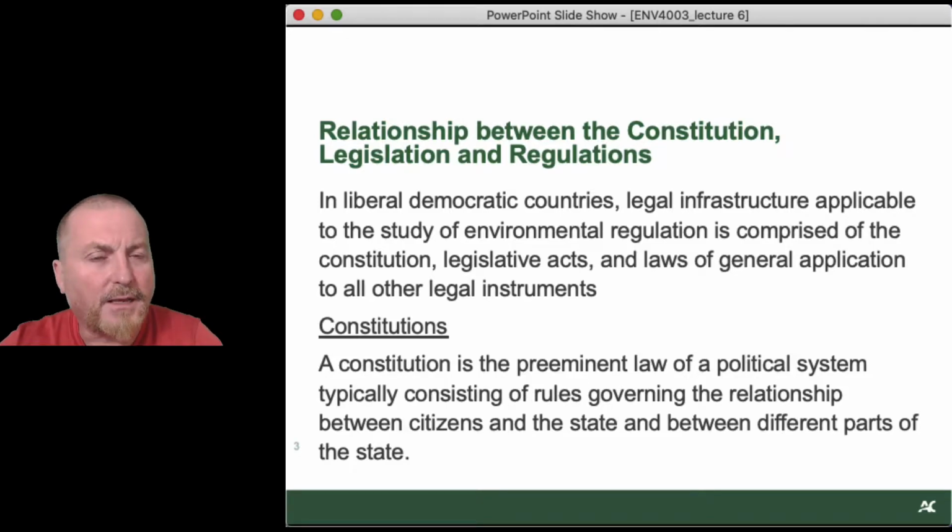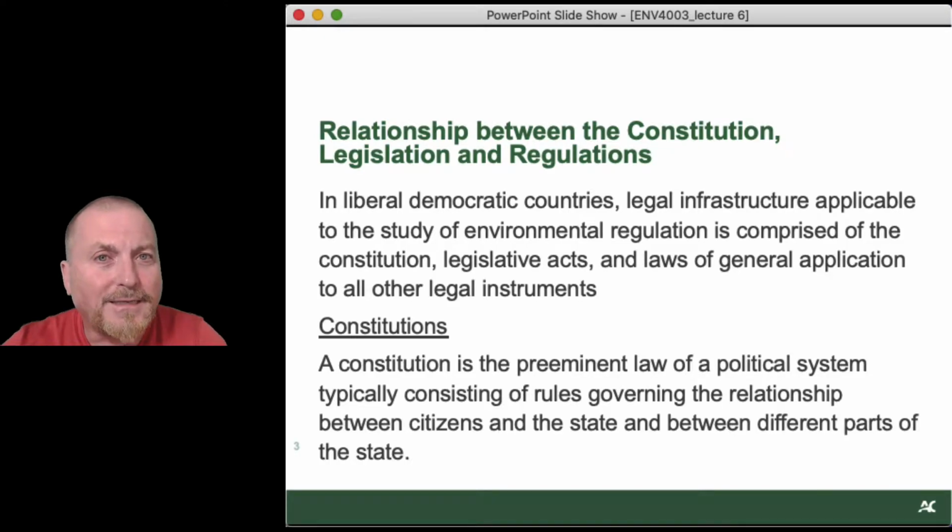Let's start with some basic understandings. We all know that in liberal democratic countries, legal infrastructure applicable to environmental regulation, and I mean regulation in the broad sense, not a particular policy instrument, but regulating the quality of the environment, is comprised of the Constitution, legislative acts, and laws of general application to all other legal instruments.